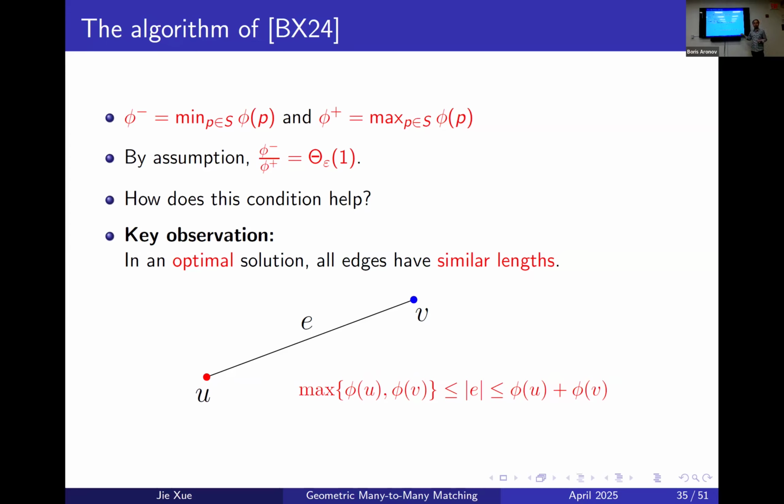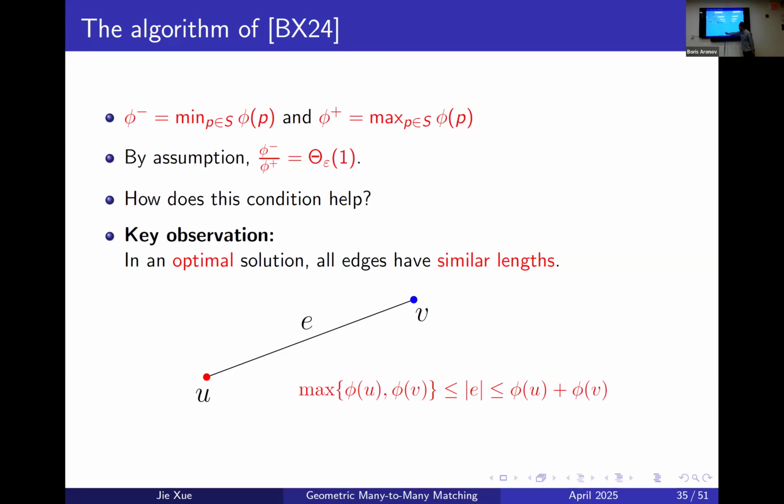It's not hard to see. If this is not the case, why not remove this edge from my solution? At most, I will pay the penalties for U and V. If your length is greater than that, then you can just remove it and pay the penalty. You get a better solution, so your solution is not optimal.